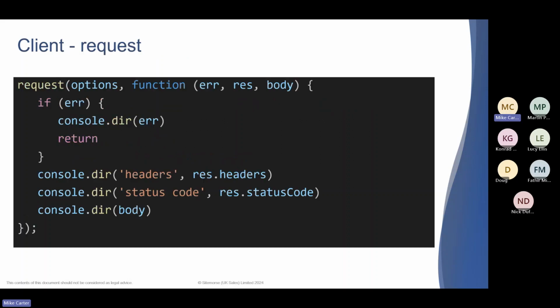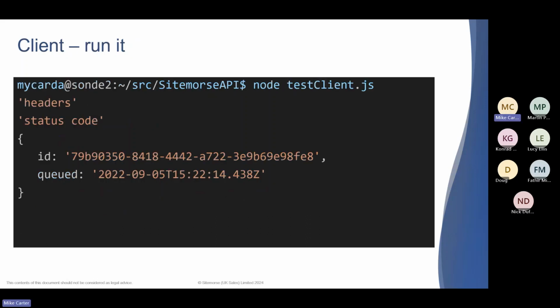And the third slide of this is actually just the request. As you can see, this is all very simple code. And all we're doing here is we are sending the request, and then we're writing to the console what we get back from Sitemorse. So if we have a look at that, here's an example of this.